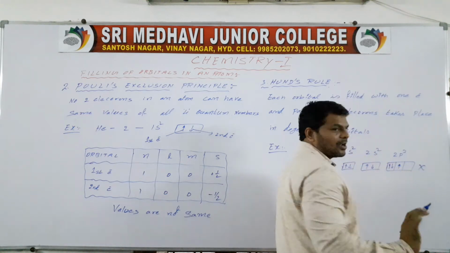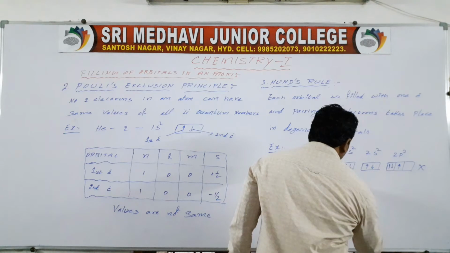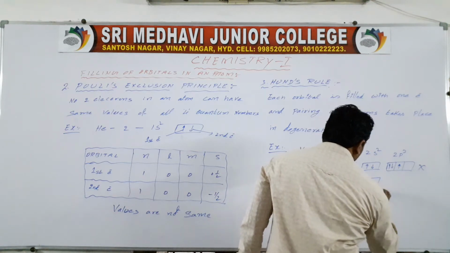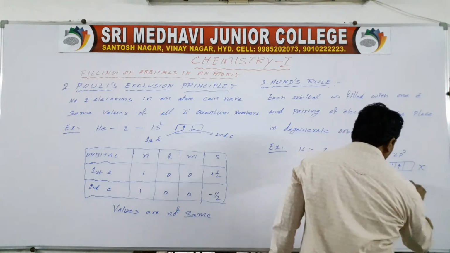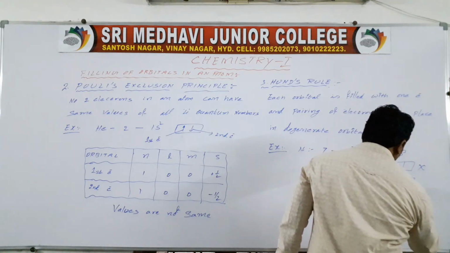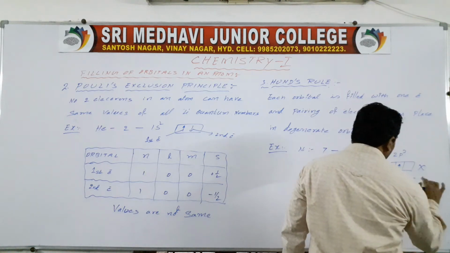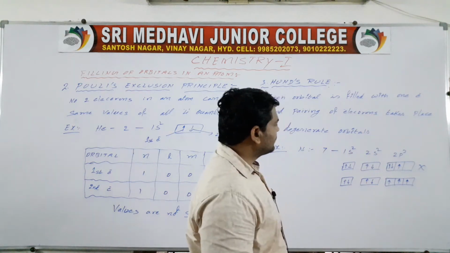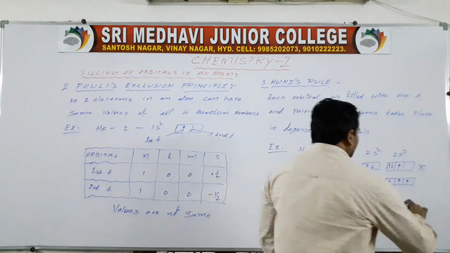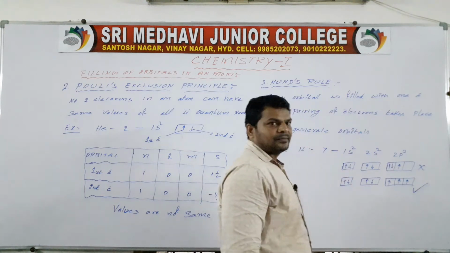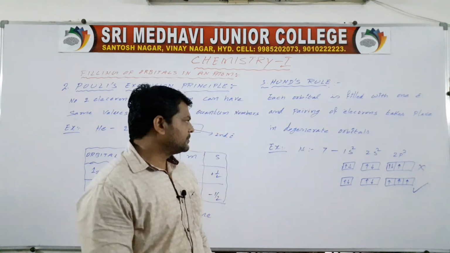It is wrong. Here 1, here 1, and here 1. Each orbital is filled with at least one electron, and then pairing takes place in degenerate orbitals. It is right. This is Hund's rule.